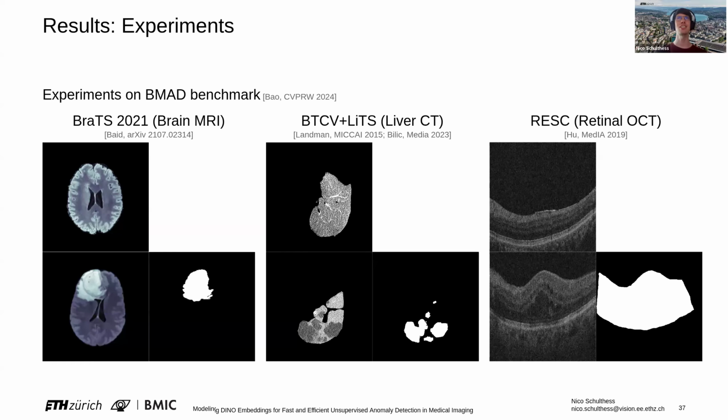I haven't checked it on other CT datasets, but I would expect that it is unique to the pre-processing of this liver CT dataset, because these are samples where the foreground is somewhat large, and there are some slices where the foreground is maybe the size of this anomaly here.